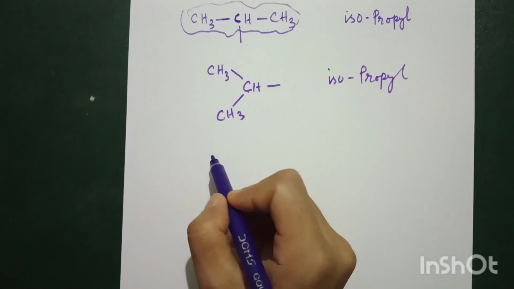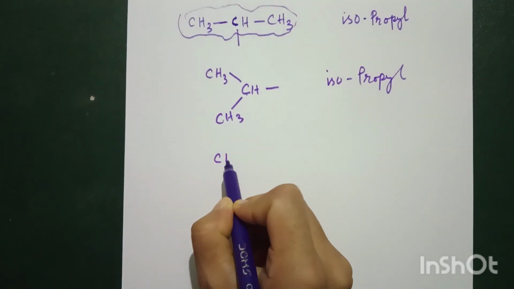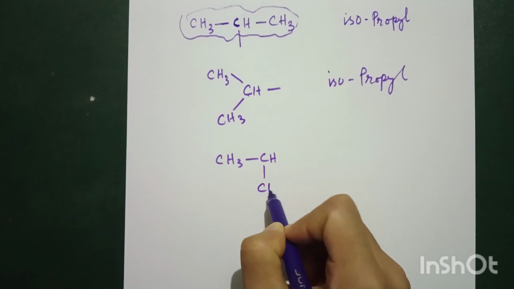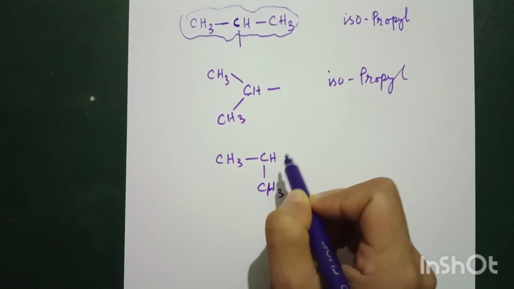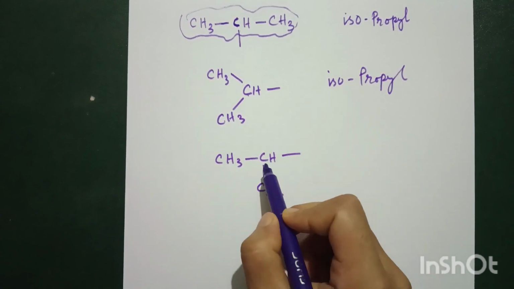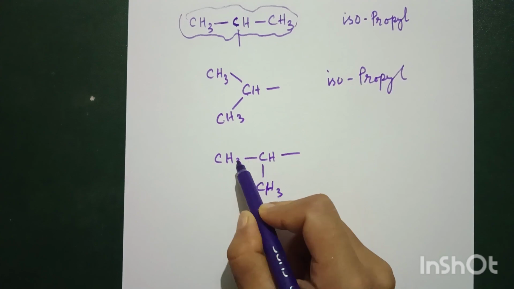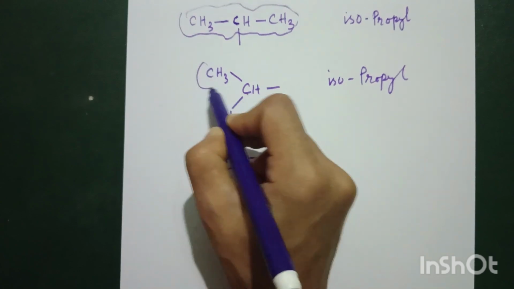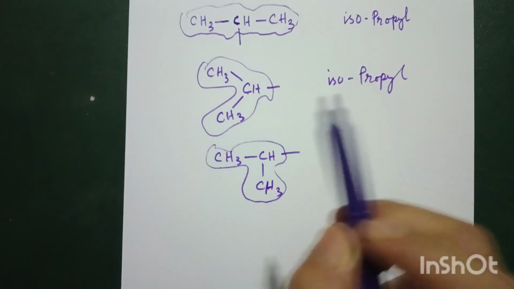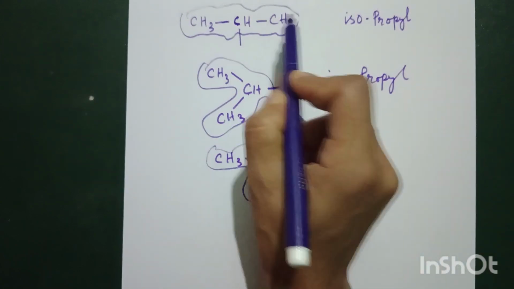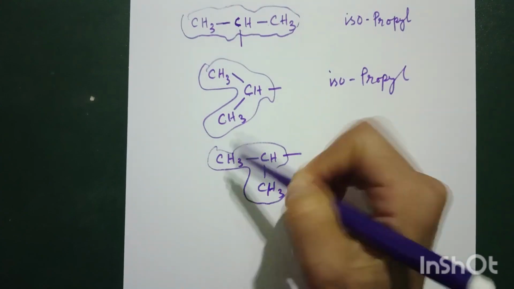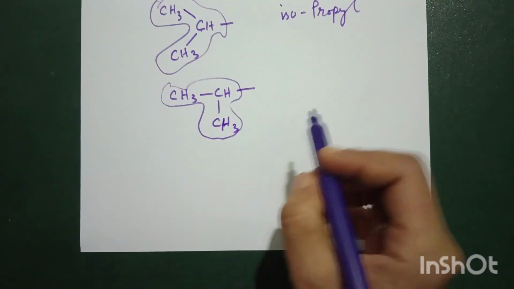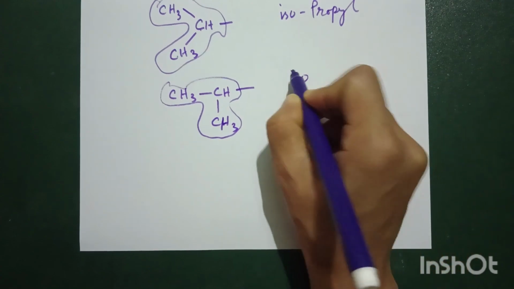And if I write in this form, CH3, CH3, you have to keep in mind that iso means carbon directly connected to 2 methyl groups. Carbon connected to 2 methyl groups is also iso. The geometry may change, but you have to keep in mind the meaning of iso. Sometimes this is also iso.